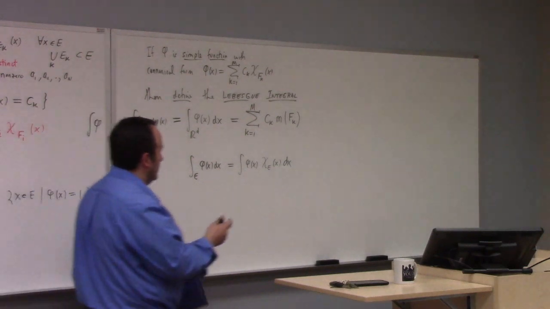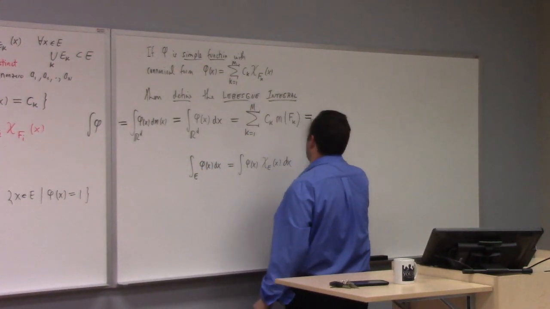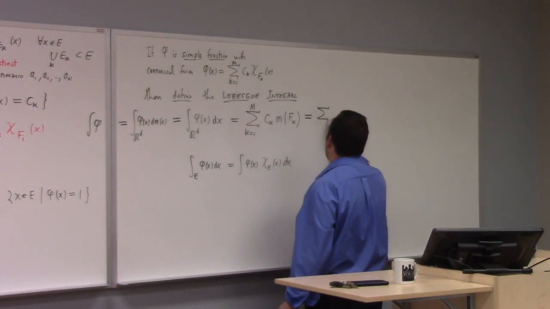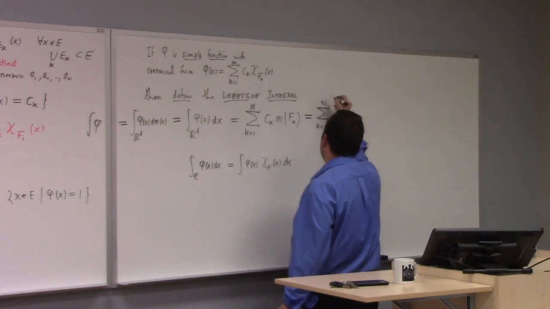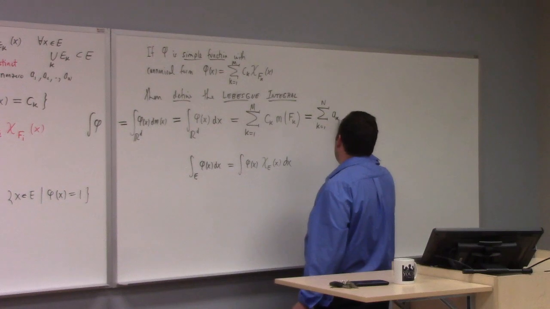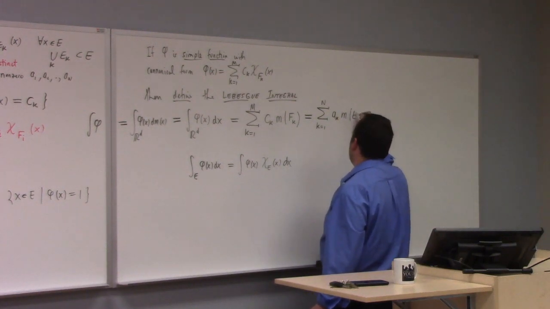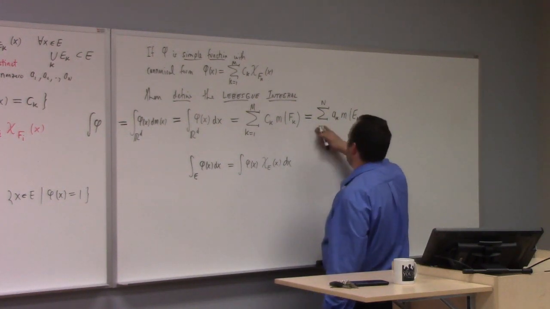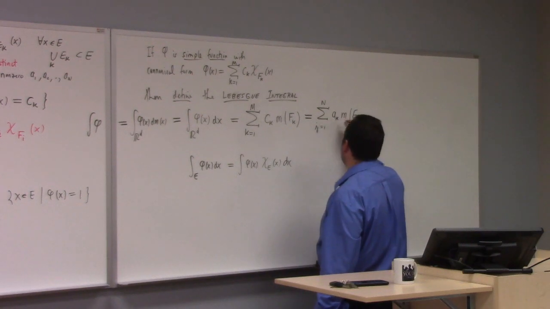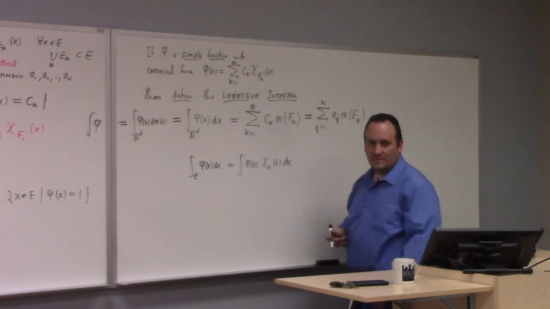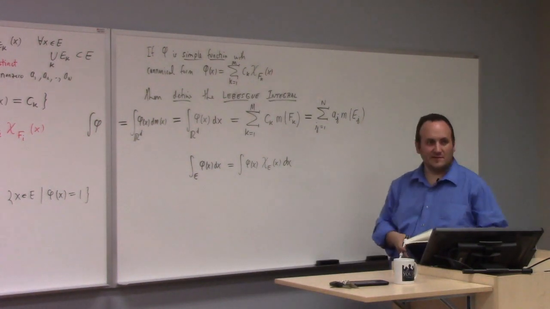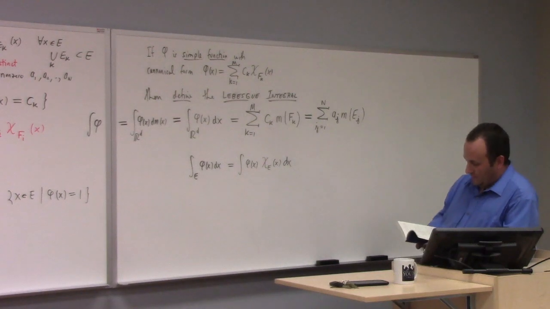Like this, in my current notation, would also be equal to the sum k equals 1 to n of a sub k times the measure of E sub k. I should use a different index here. It's just a point of personal style. But independence of representation is one thing.